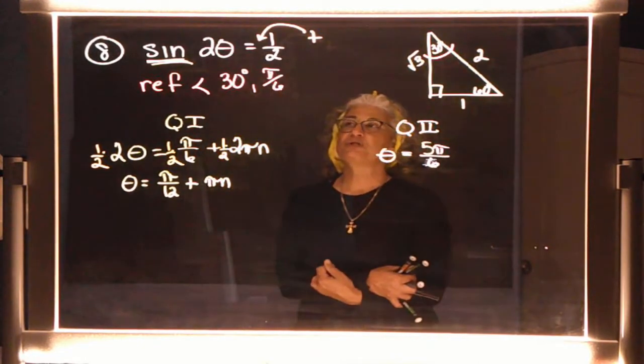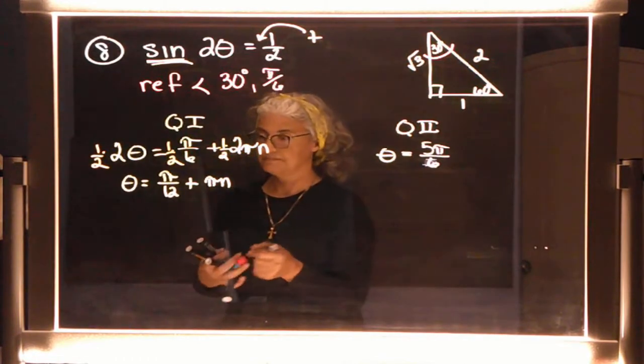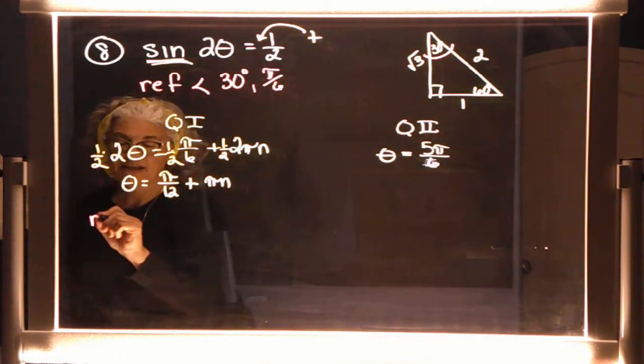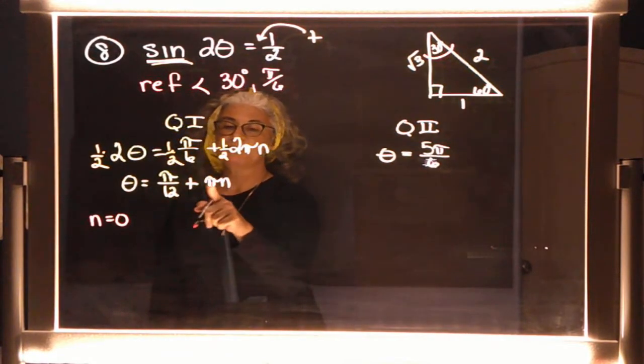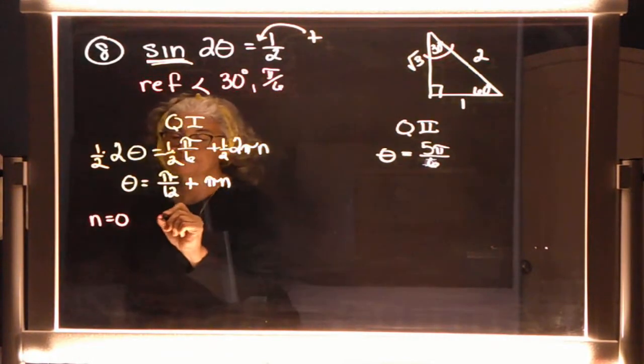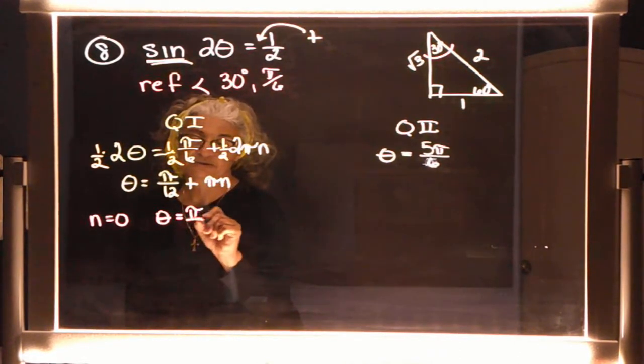Okay, so check it out. If n equals 0, then pi over 12 plus 0 is pi over 12. So my theta is pi over 12.